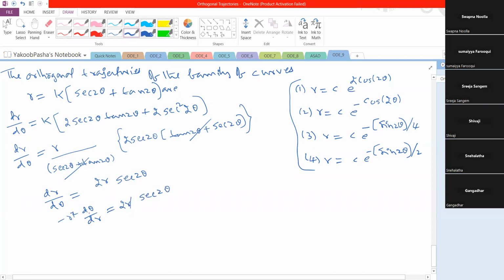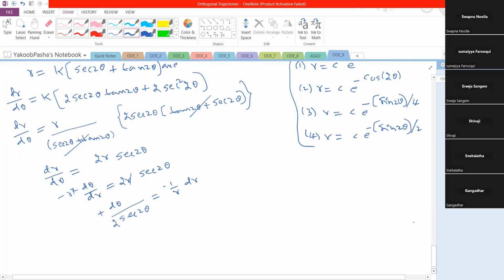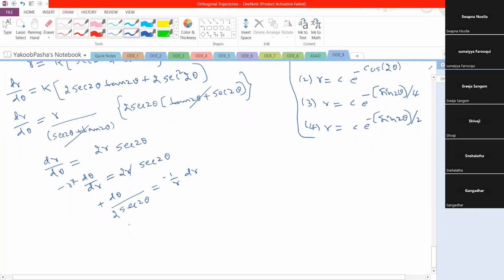Now separating the variables here. d theta by sec 2 theta is equal to minus 2 by r into dr. So 1 by 2 into 1 by secant means cos 2 theta d theta is equal to minus 1 by r dr.